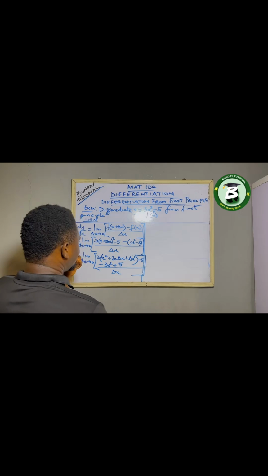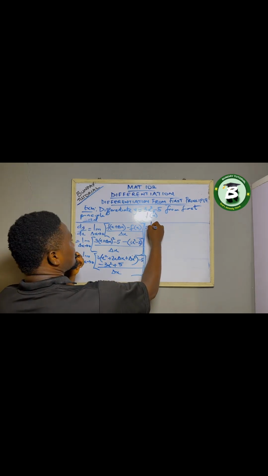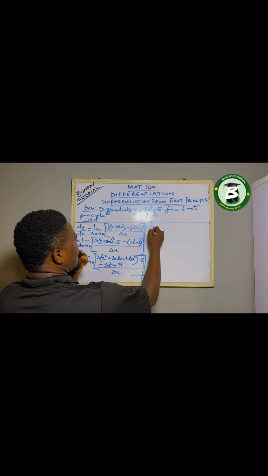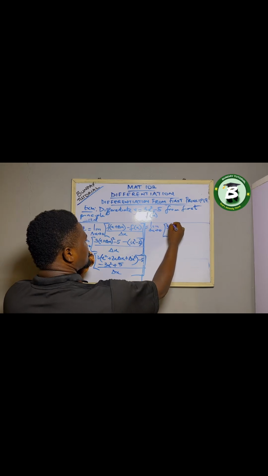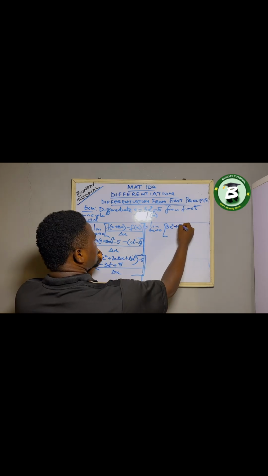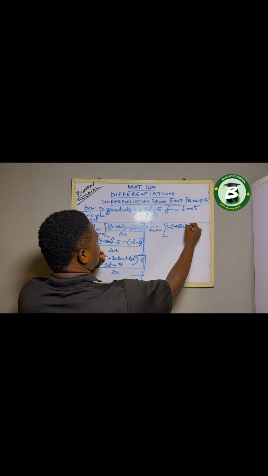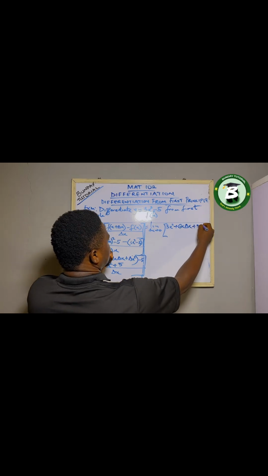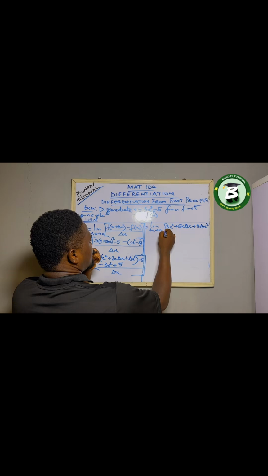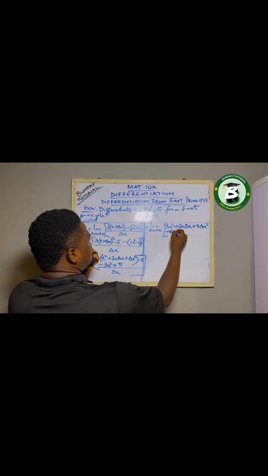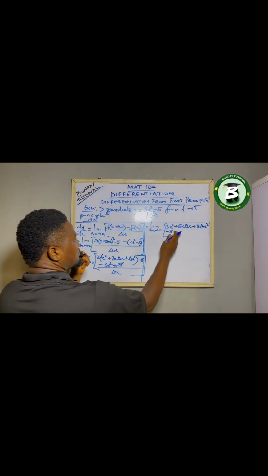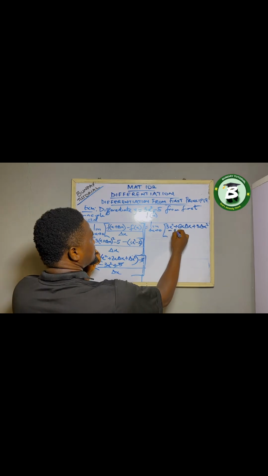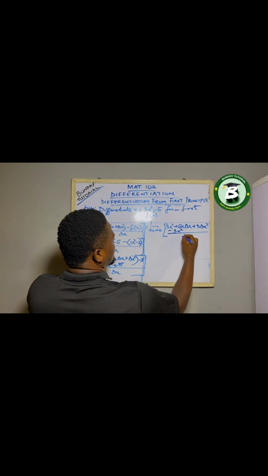So we move on. Expanding this now, what do we have? We have the limit as delta x tends to zero. Expanding this, you have 3x squared plus 6x delta x plus 3 delta x squared minus 5, because we know that even this minus 5 would have cancelled this one, so we only have minus 3x squared, then all over delta x.